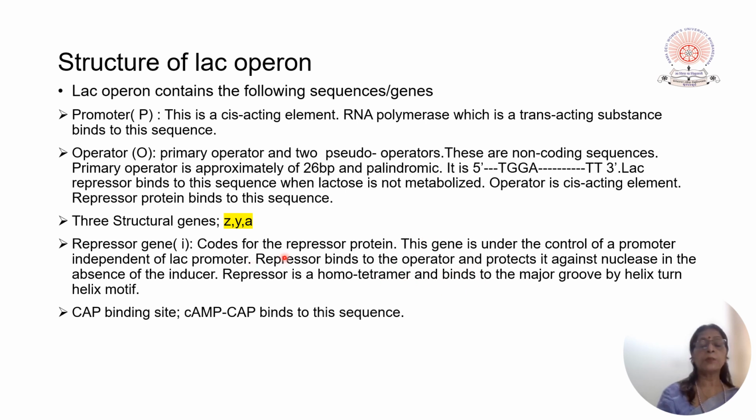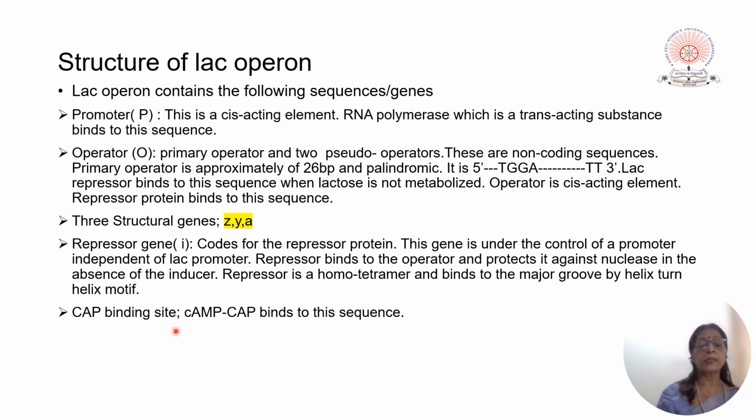When the repressor protein binds to the operator in the absence of lactose, it protects the operator against nuclease digestion, and this occurs when there is no inducer. When repressor binds, it stops gene expression as well as protects the operator sequence against nuclease digestion.